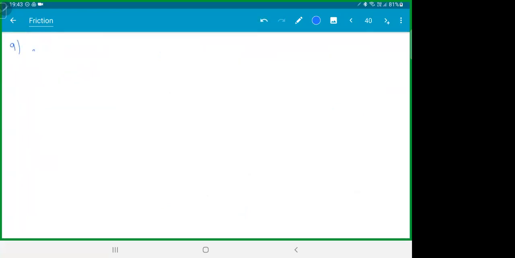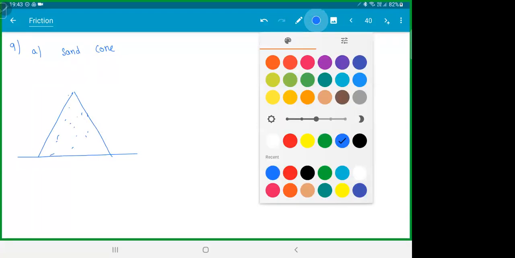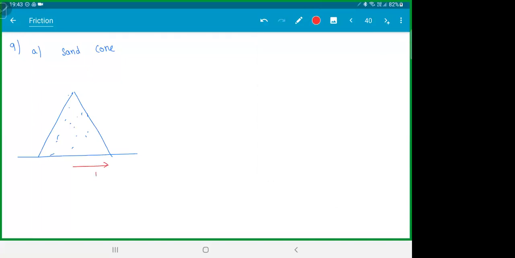Now see, the simple questions would be sand cone. So they'll say something like this. A sand is poured. If you have gone to a beach, right? If you're putting a lot of sand here, if this was radius r, and this is height h, and this is theta.